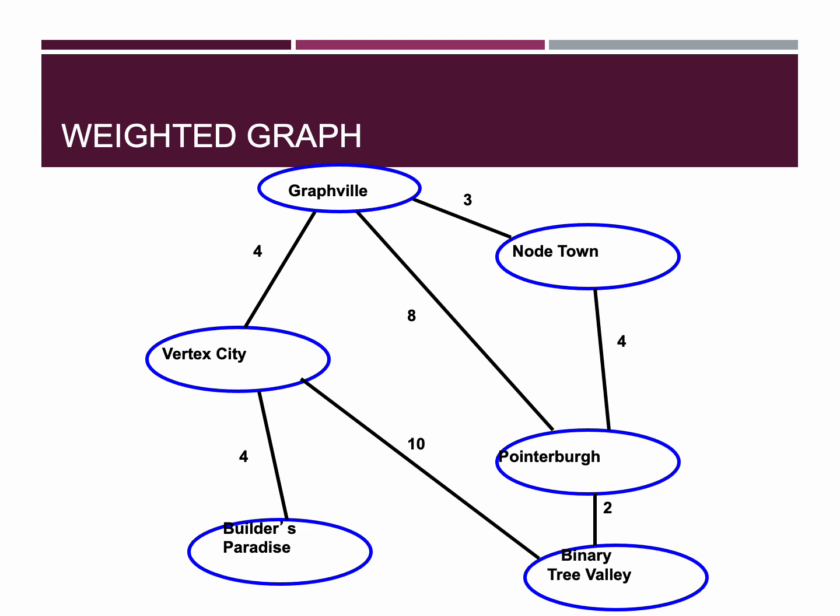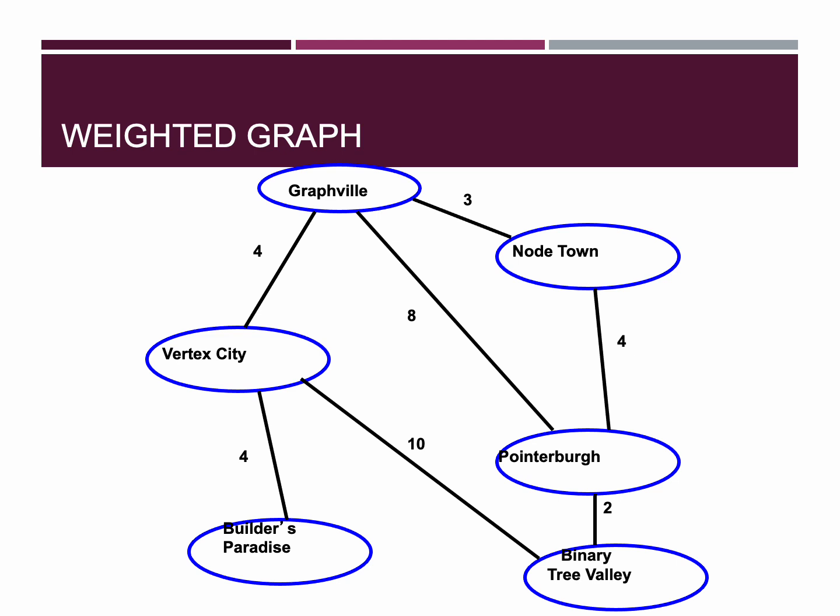Now this is a weighted graph. Weighted graph means, let's say we have some cities like Grafville, Node Town, Vertex City, Builder's Paradise. In this city we have six places. If you count these numbers as distance in miles, then you will see the distance.